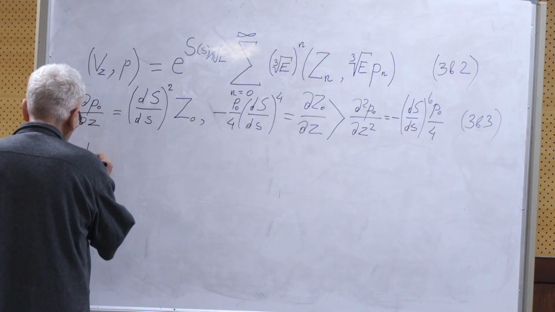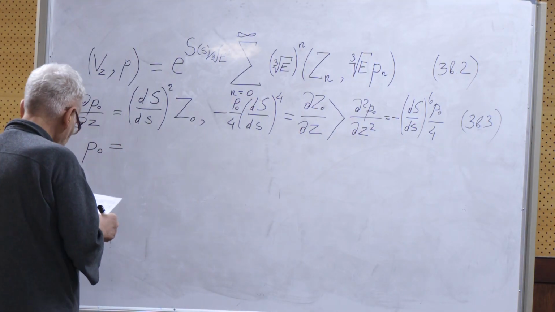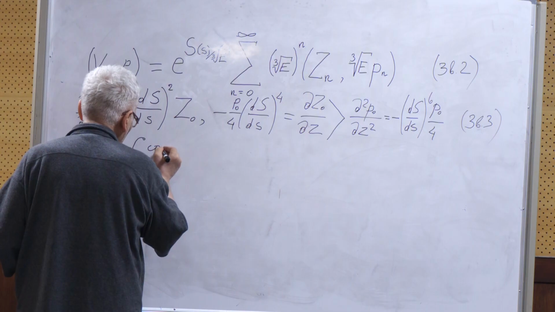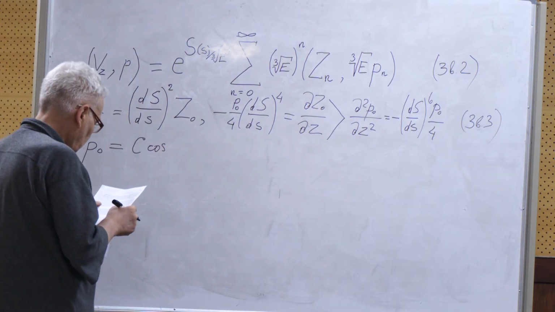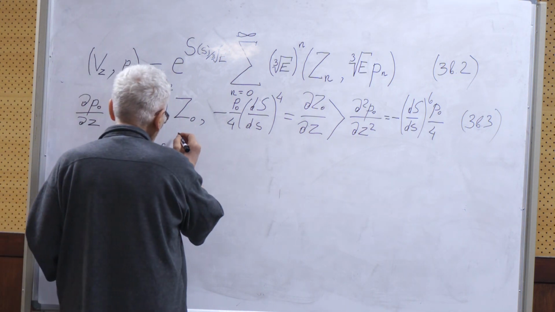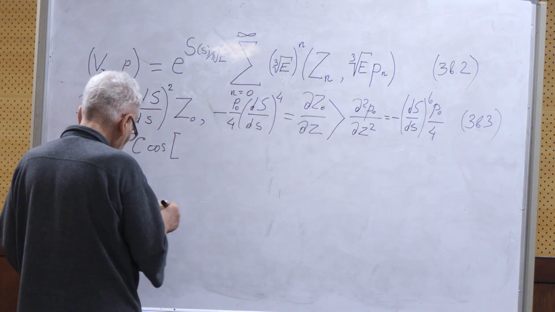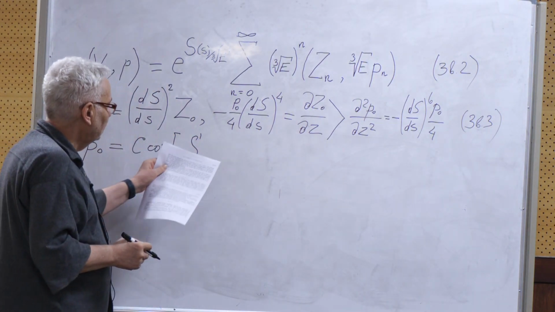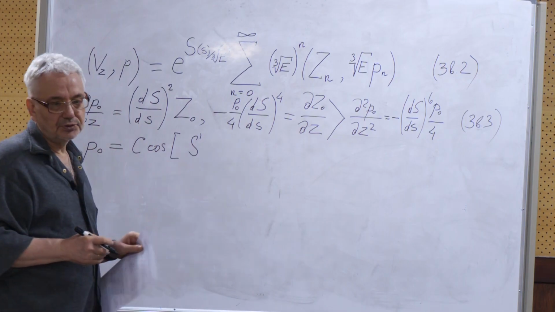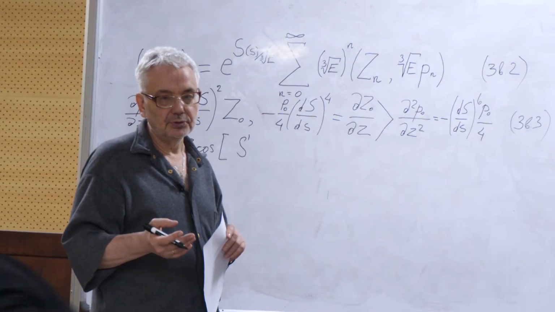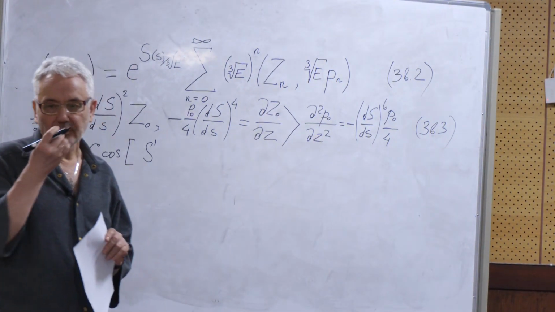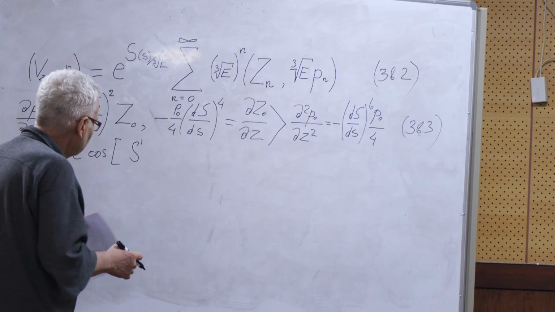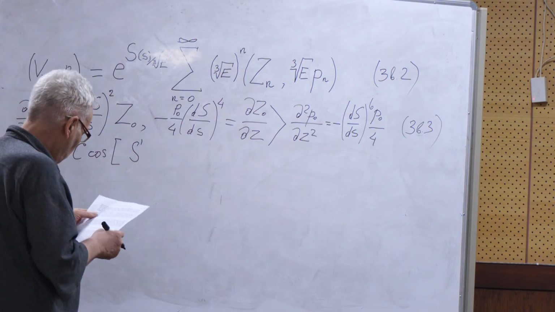So we have P naught, this solution, some free constant, then cosine of S prime. Just to make these things shorter, we will denote by S prime the derivative of S in cylindrical radius. Of course, there is only one value which is determinant, so it's easy to understand that this is dS capital by ds small.